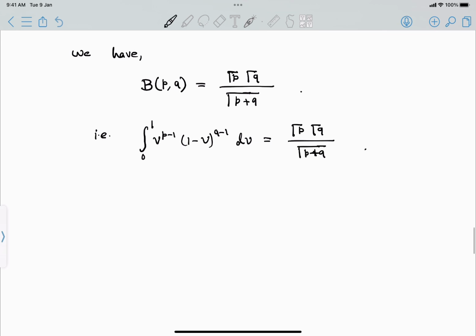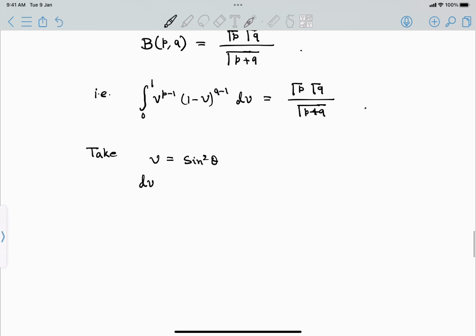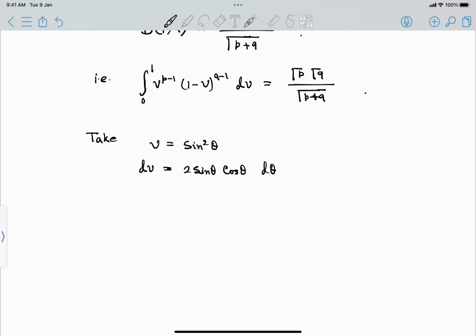Okay, now here take v equals sin square theta. Then dv will be 2 sin theta cos theta d theta. And let's write what will happen. Then the limit: at v equals 0, theta is 0, and at v equals 1, theta is pi by 2.